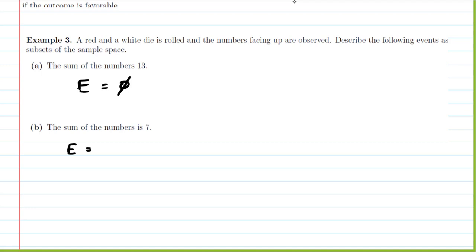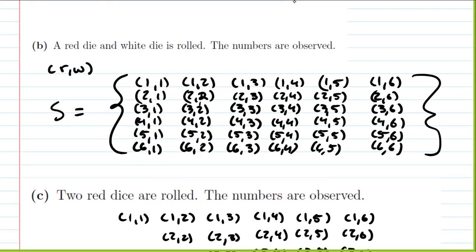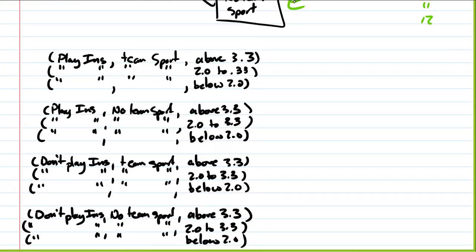Okay, so B, the sum of the numbers is 7. So first of all, how many ways can you roll 2 dice and get the number 7? Well, if we go back and look at our diagram that we made up here, if we're trying to find numbers that sum to 7: 6 and 1, 5 and 2, 4 and 3, 3 and 4, 2 and 5, and 1 and 6, right? So how many different ways can that happen? Well, all of those on the diagonal, so that's going to be 6, right?